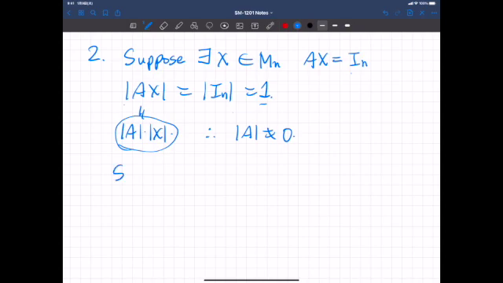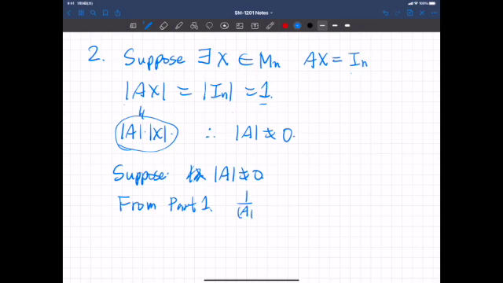Then suppose determinant of A is not equal to 0. Then from part 1, 1 over determinant of A times A star, the adjugate, is a right inverse, right?